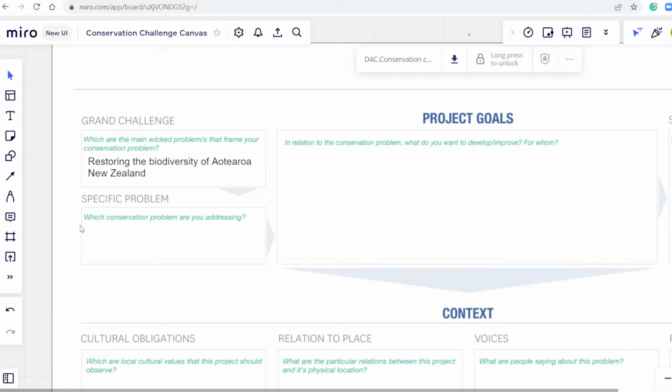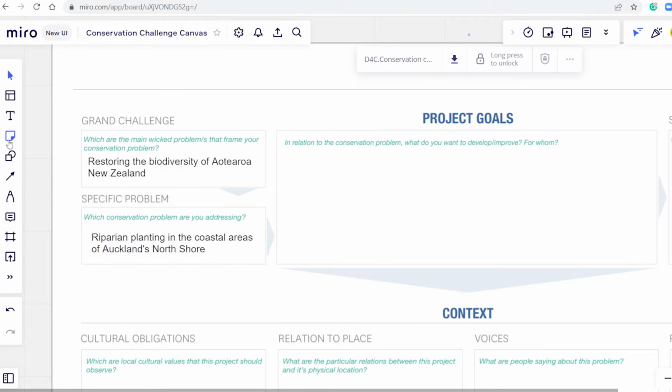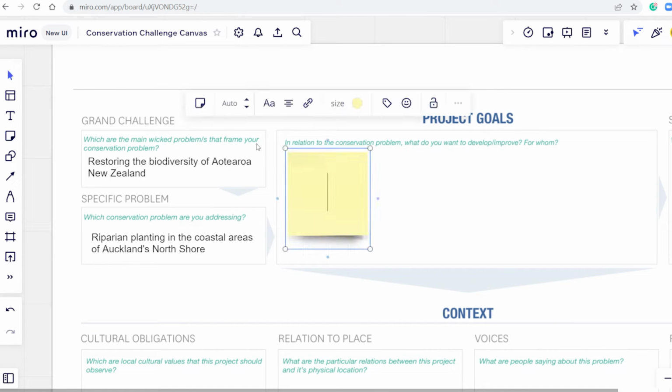Now, think about which specific conservation problem you will try to frame for this project. This should be a smaller, approachable part of the grand challenge, such as carry out riparian planting in X area of the region. Then try to determine one or more project goals. Be specific.